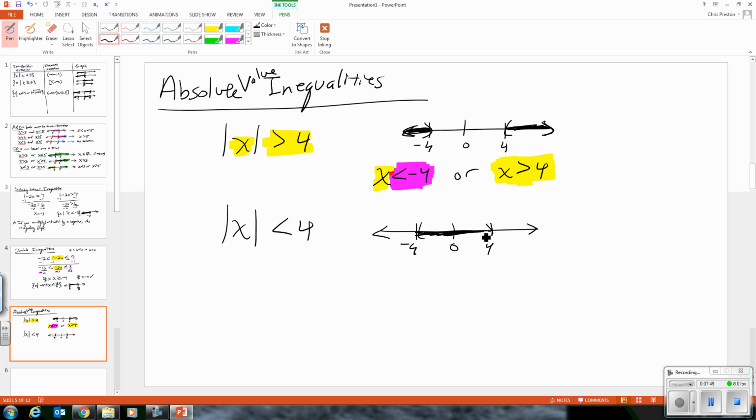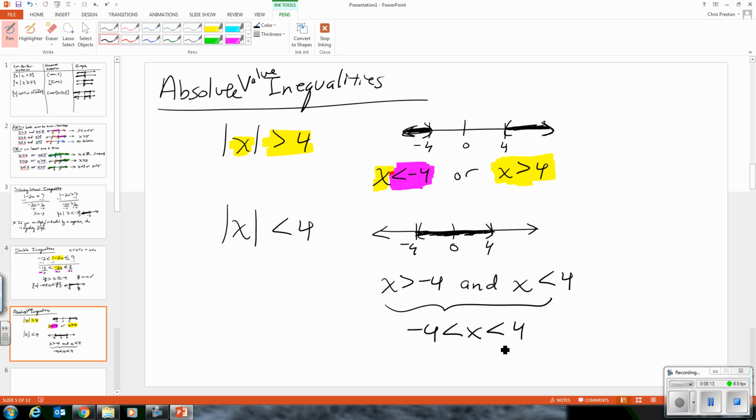One way I could describe that set is I want numbers, x's, greater than negative 4, and also I want them to be less than positive 4.